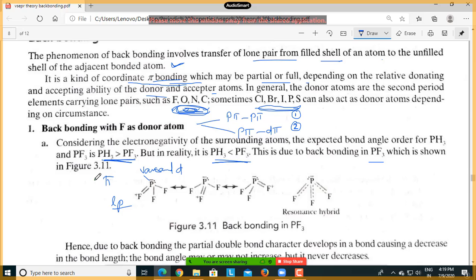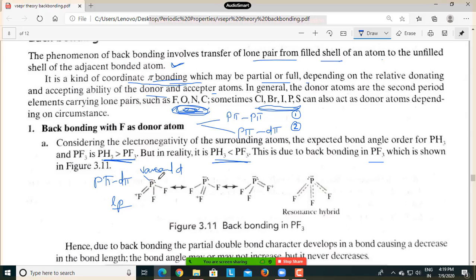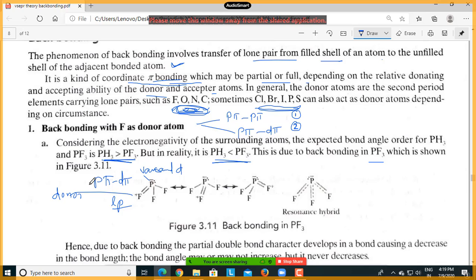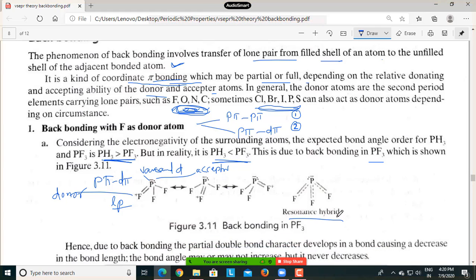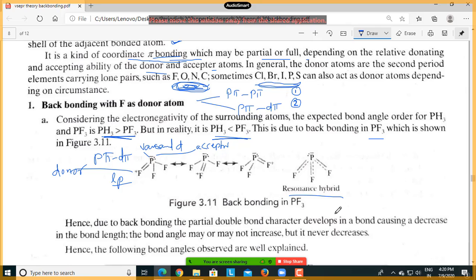Back bond in a bond causes a decrease in bond length. So because bond length single bond, yes sir.